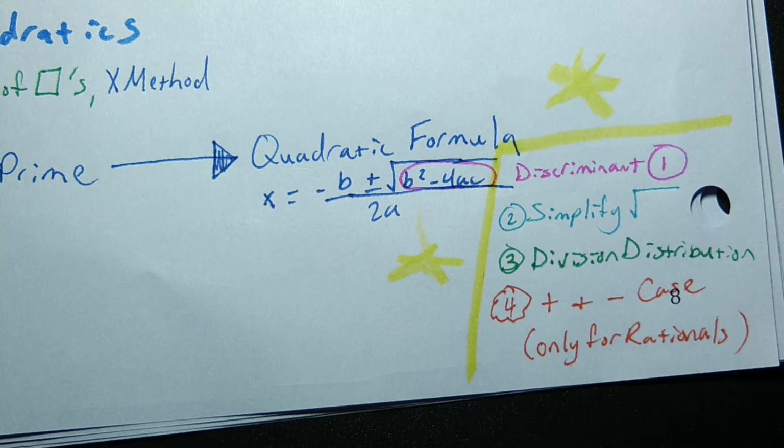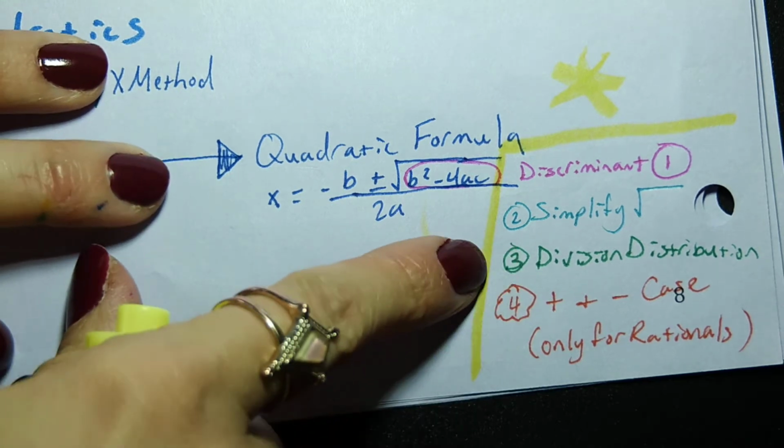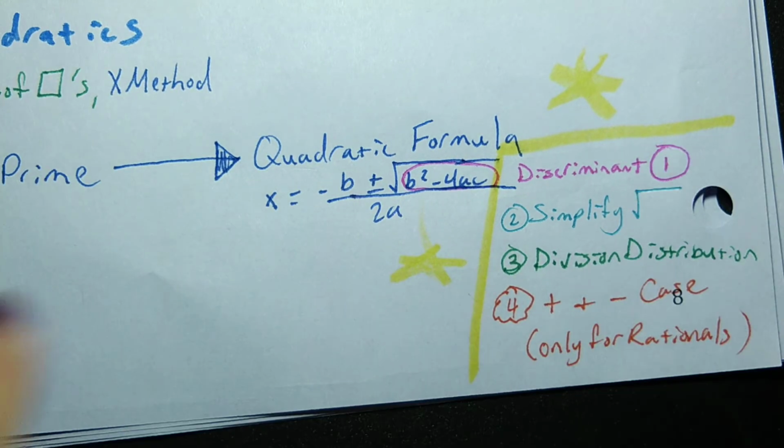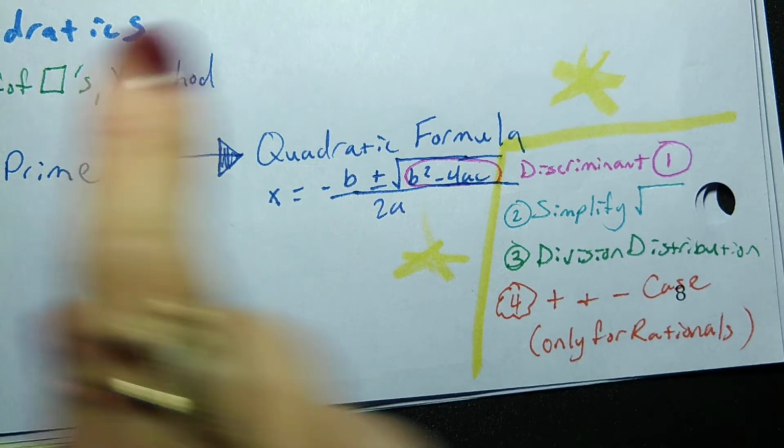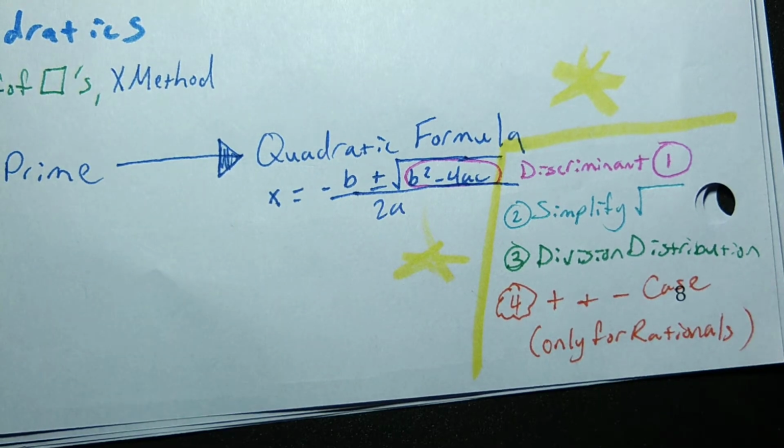If you need extra practice with this, remember that green packet we did? It's like 4.4 intermediate quadratic formula solving. I have extra packets of those. Those are great things to do if you are unsure of step 3 and step 4. So we want to try to factor first, but when in doubt, quadratic formula.